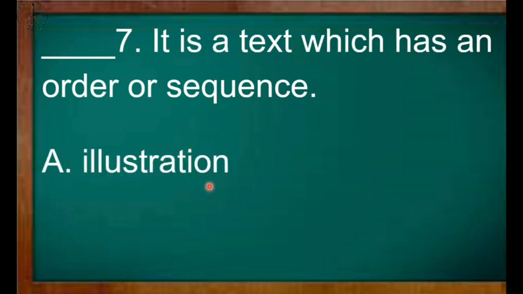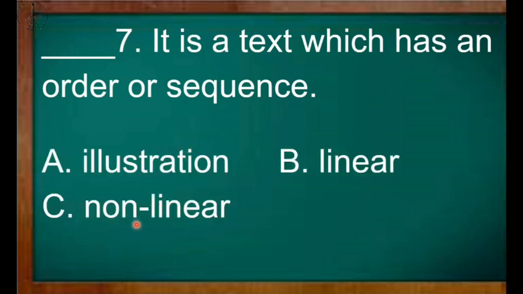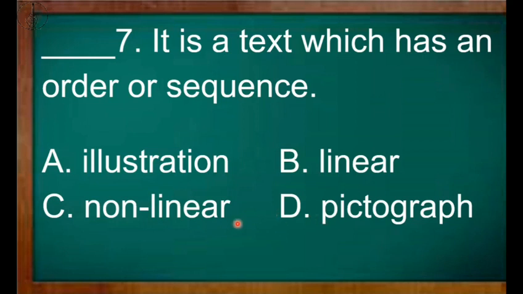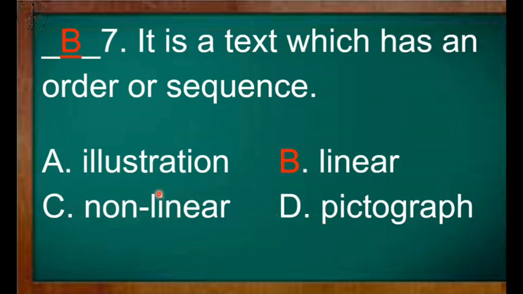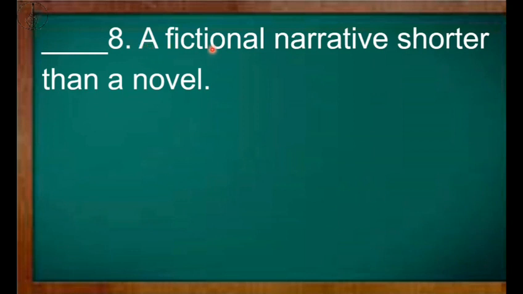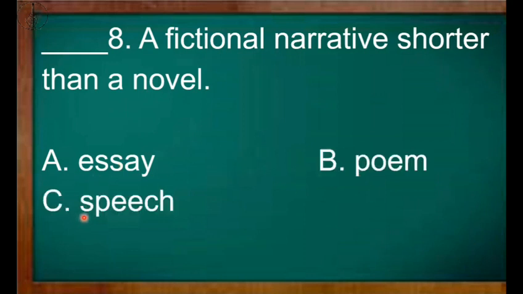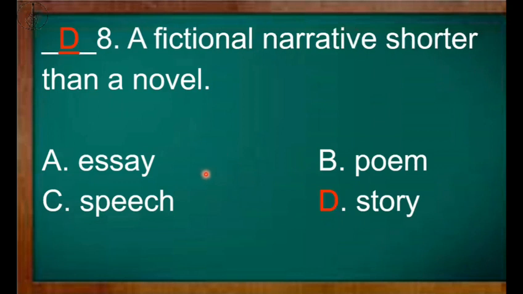A, illustration. B, linear. C, non-linear. And D, pictograph. Correct answer is B, linear. Number 8, a fictional narrative shorter than a novel. A, essay. B, poem. C, speech. D, story. The correct answer is D, story.